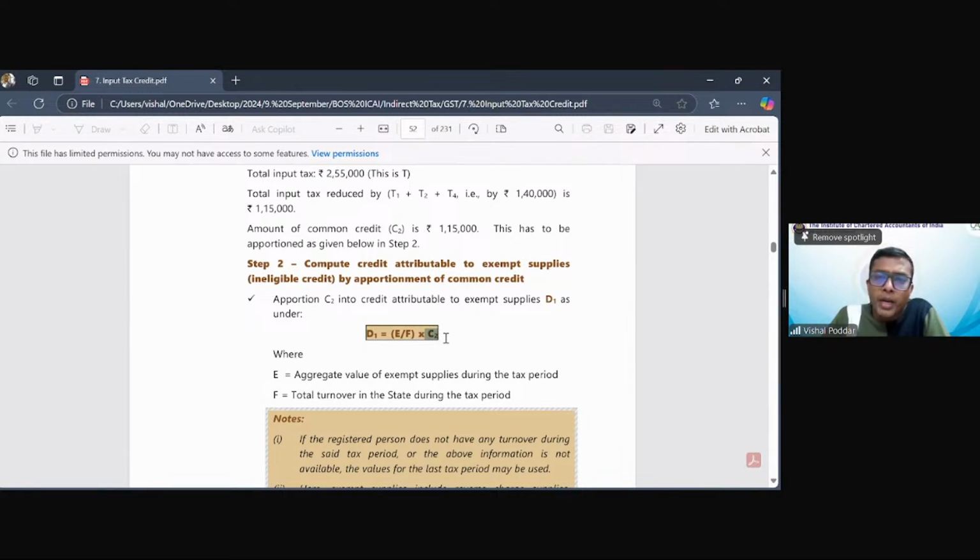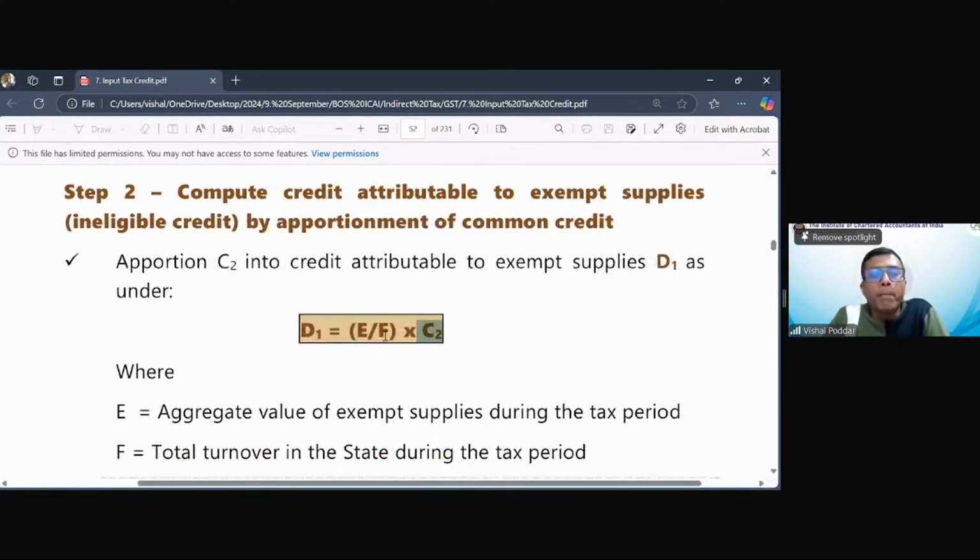Take this figure of common ITC, which is C2, multiplied by the sales value of Y, which is exempt, and divided by the full or total turnover, which is of X and Y both. So numerator, take the sale value of Y, which is exempt supply. Denominator, take total turnover, which is of X and Y both, and multiply this by C2.